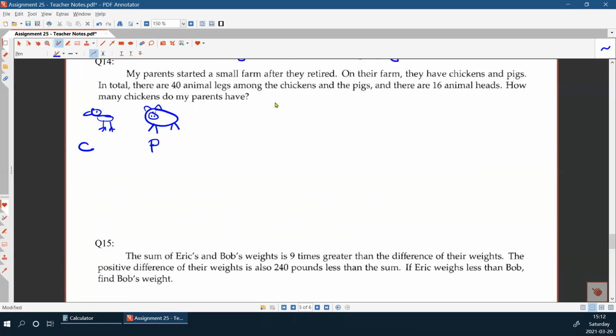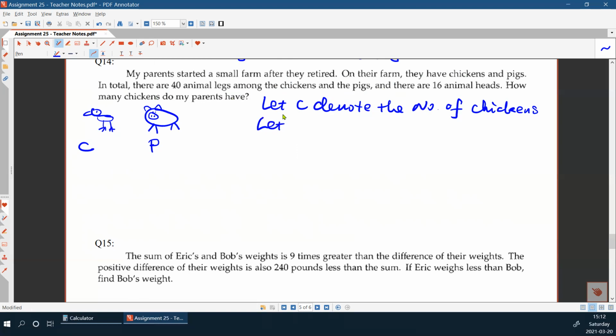So suppose we let C denote the number of chickens, because you want to know this number, right? This number is unknown, so you can use a letter to denote it, and then try to solve it from the given information, which can be interpreted into mathematical equations.